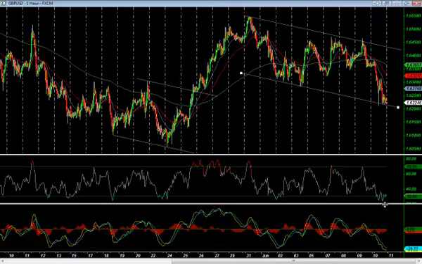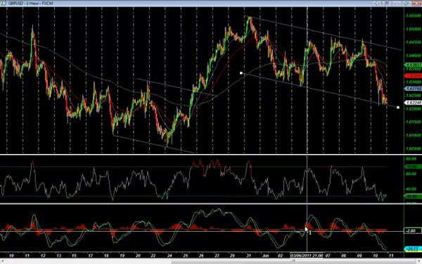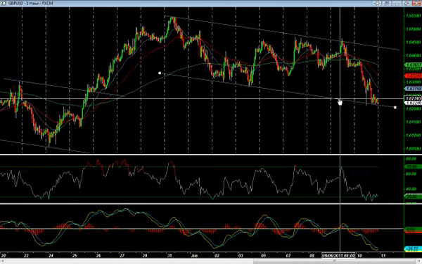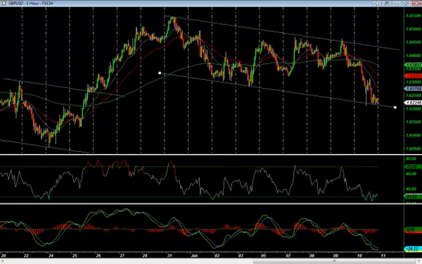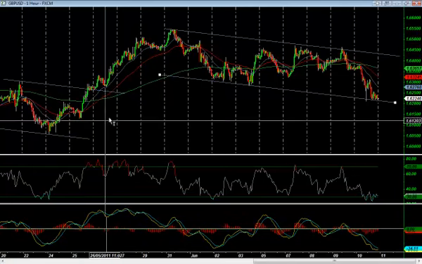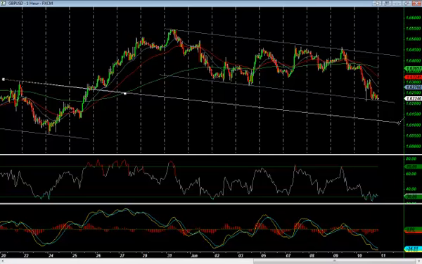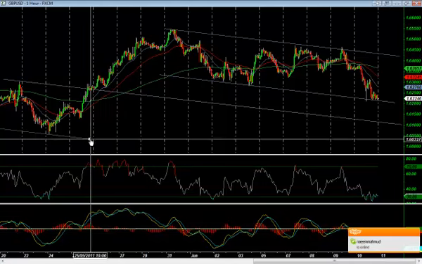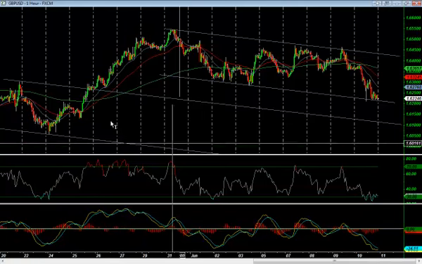So for Monday, if this doesn't hold and Monday morning we don't see any reversal bars, then obviously we're going to wait for this to break, retest here, and our next profit target is going to be first target there, second target down here where this line ends up.